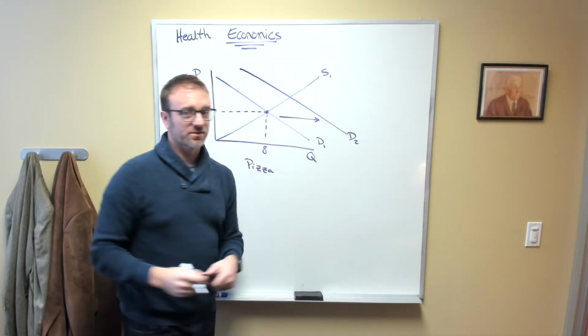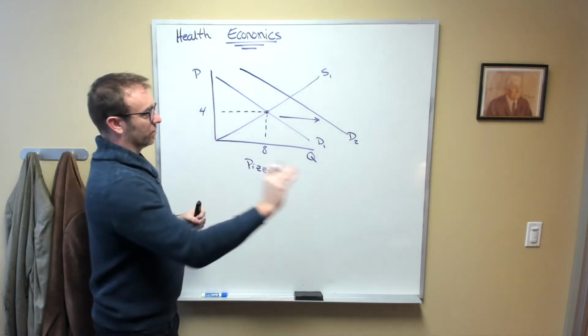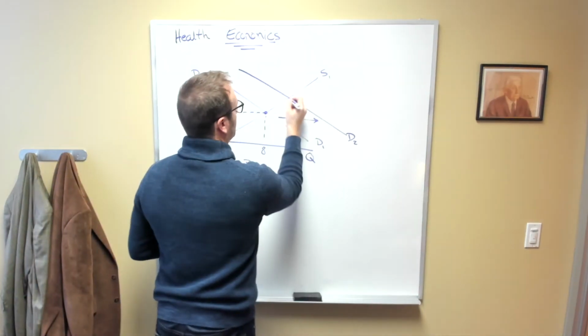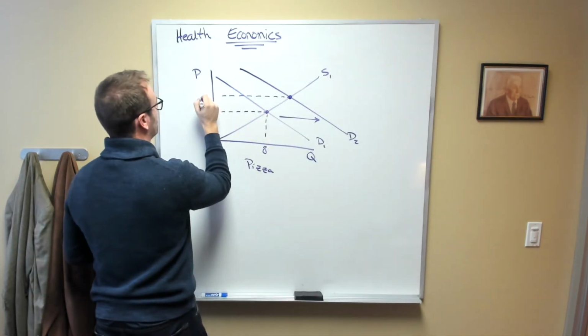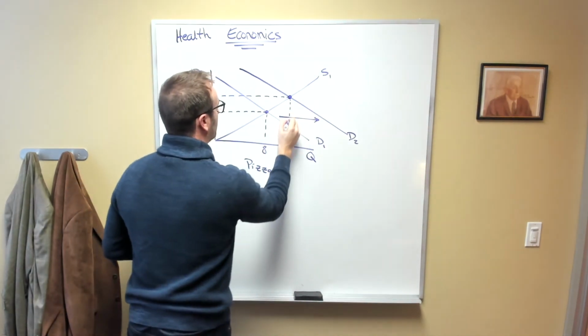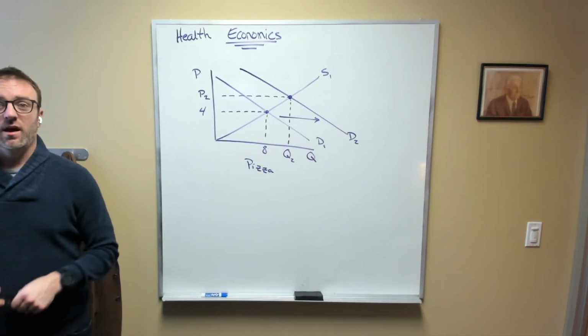And I should note that whenever anything increases, the curve shifts to the right, and that is always going to be true. And what happens to the equilibrium price? Well, the equilibrium price will go up to some other number. And importantly, the equilibrium quantity will increase as well.